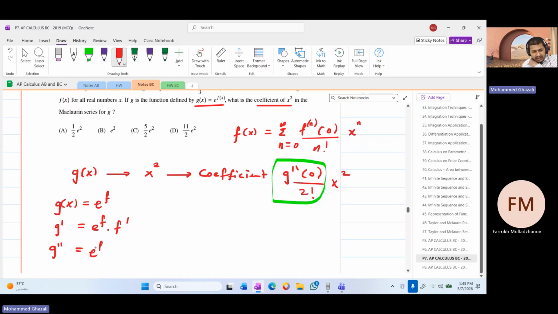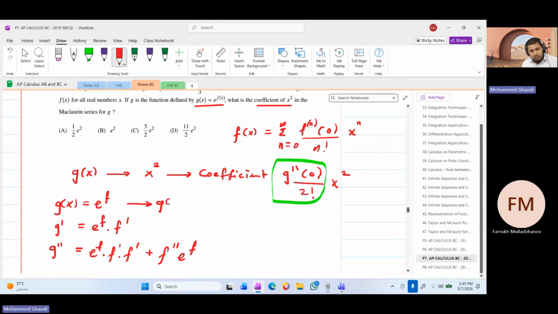I'm doing a product rule here: differentiating e to the power f times f prime, leave the f prime, then differentiate f prime to get f double prime, leaving e to the power f. Are we good? Right, so now we need to evaluate everything at 0.